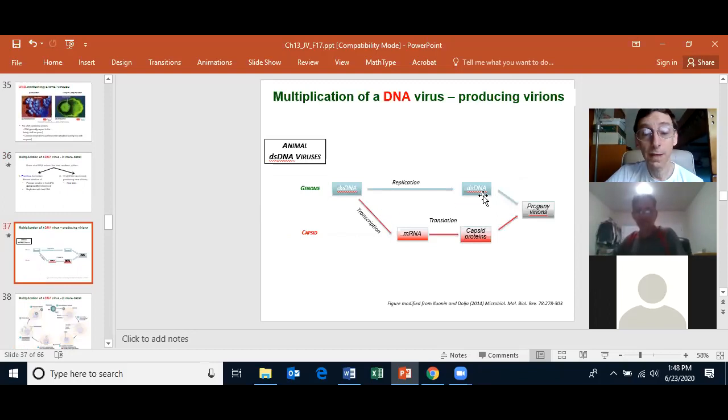So the viral DNA can be copied, transcribed and then translated, new capsids can be made, new virions can be made, and then this cell, if it's a lytic virus, can lyse and release the virions. If it's a budding virus, it'll bud out of the cell, and that won't lyse the cell.